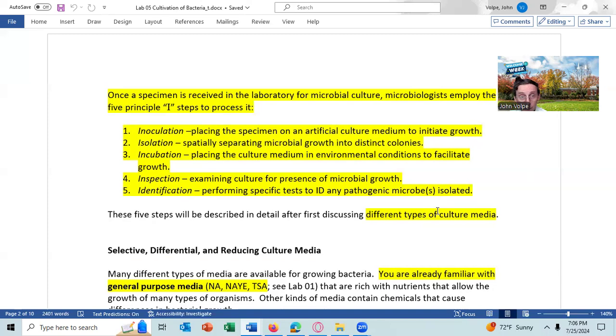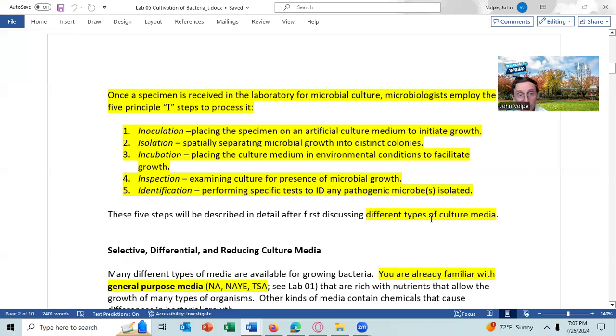Inspection is examining the culture for the presence of microbial growth. And then lastly, there's identification, performing additional specific tests to ID any pathogenic microbes. So even though you might isolate it, your work on identifying it has just begun. Any question about any of that?